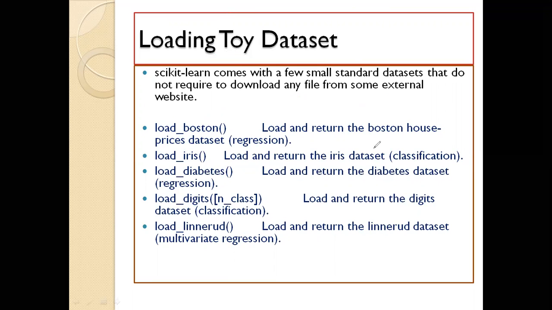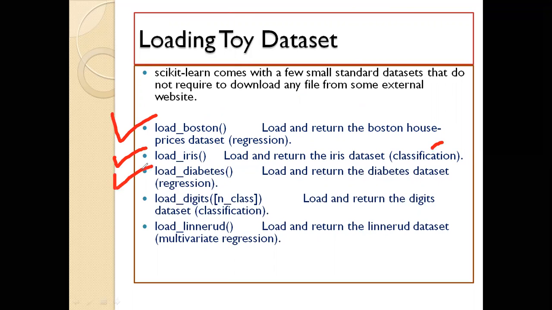A few examples of such toy data sets are load_boston, which loads and returns the Boston house prices data set, generally used for regression. Load_iris is for classification, which loads and returns the iris dataset.